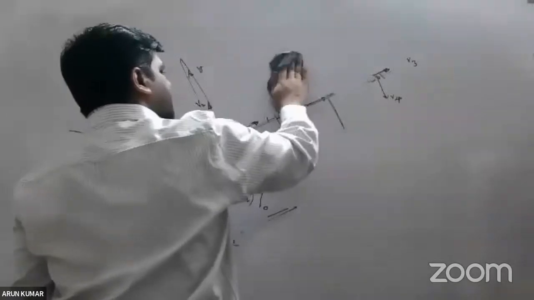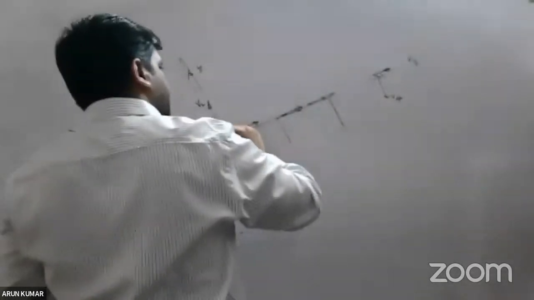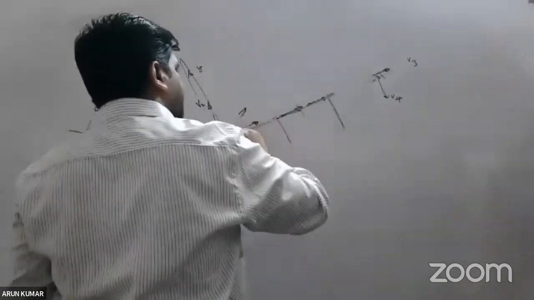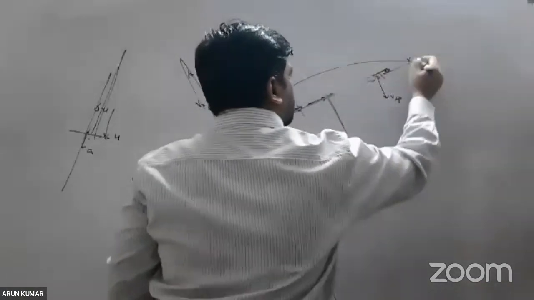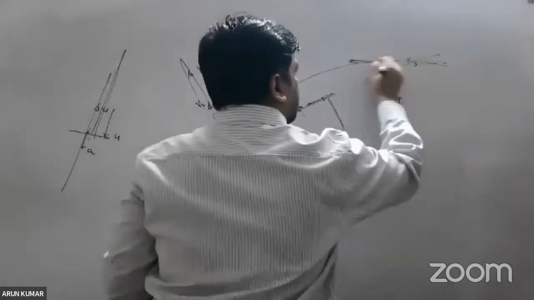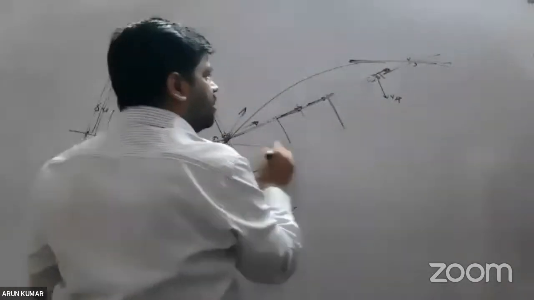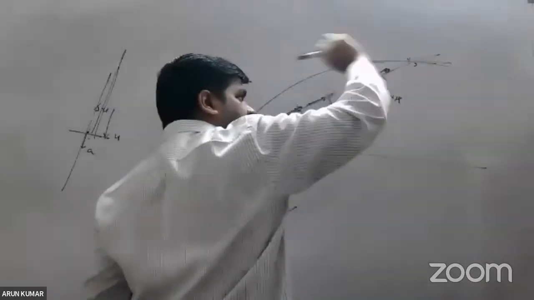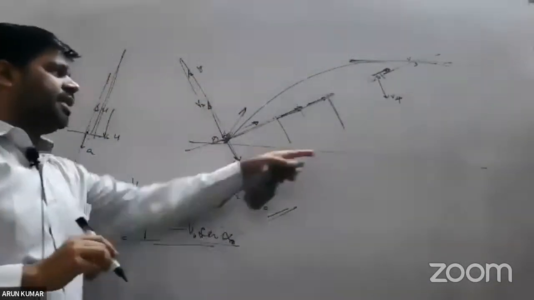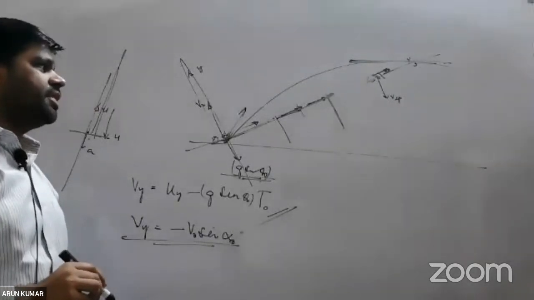I have to find the condition such that it is projected like this, going and hitting this plane horizontally. This is my horizontal ground. So what is the condition in that case?